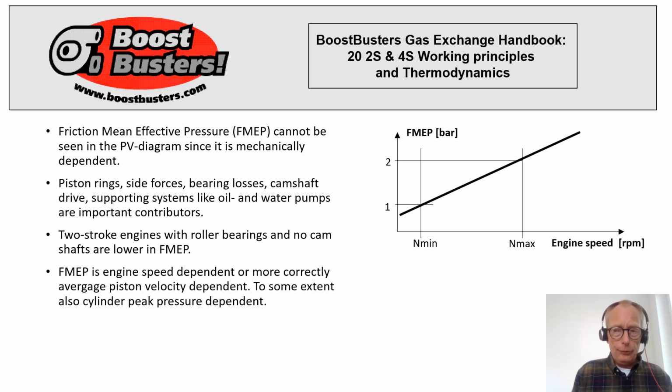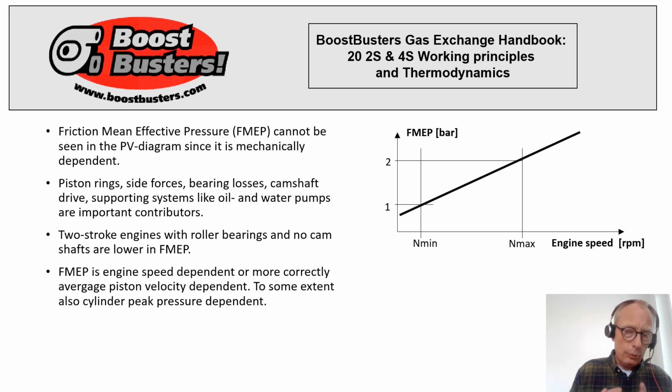It is engine speed dependent because it depends on the mean piston velocities. So it's increasing slightly with engine speed, typically starting at a friction mean effective pressure of 1 bar and escalating at top engine speeds to about 2 bars.